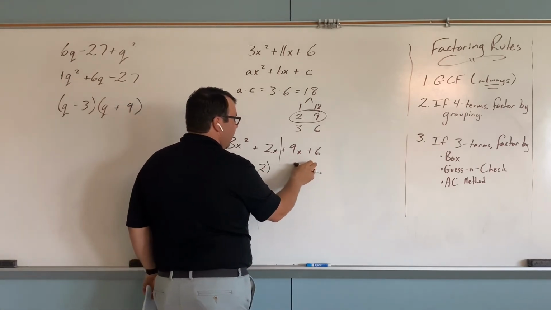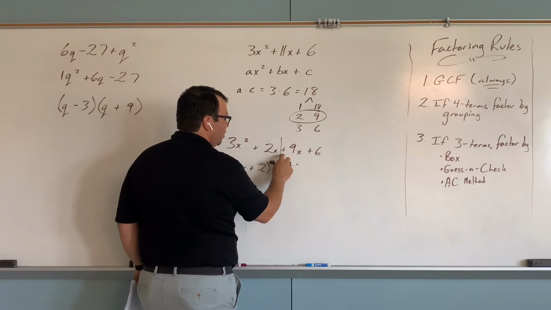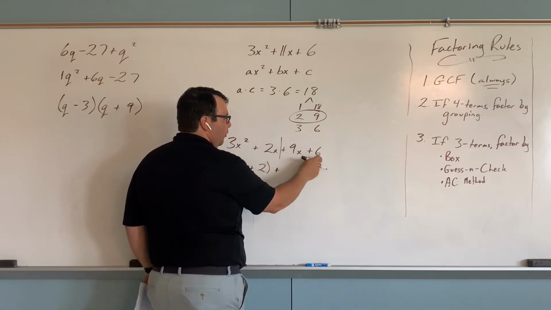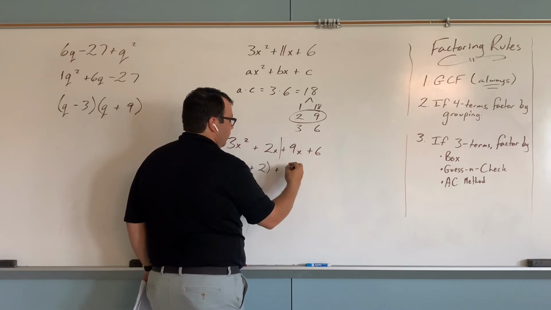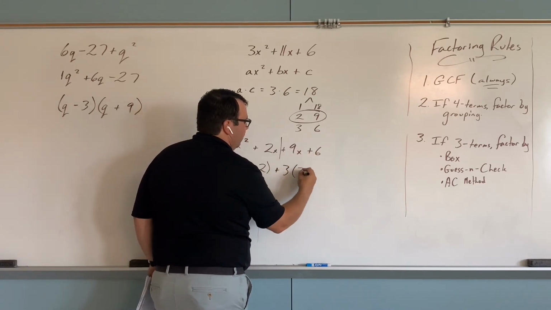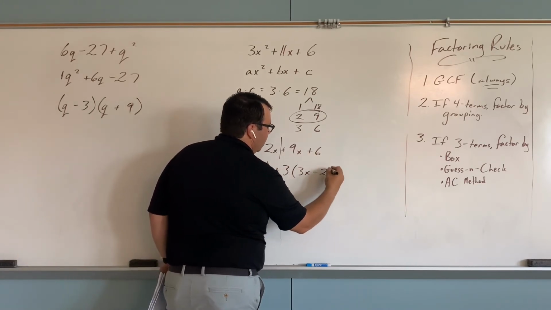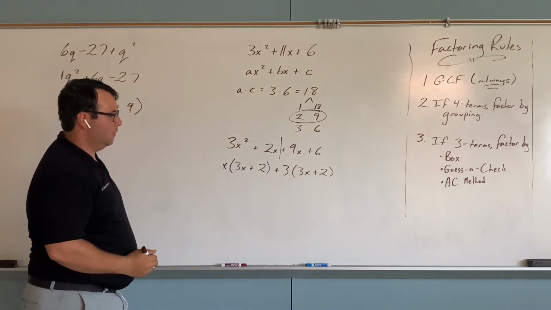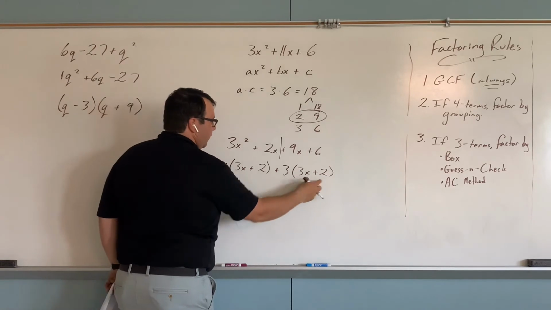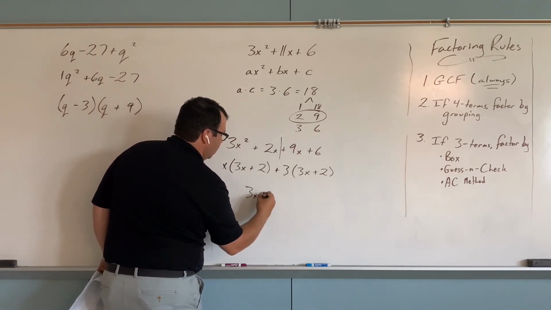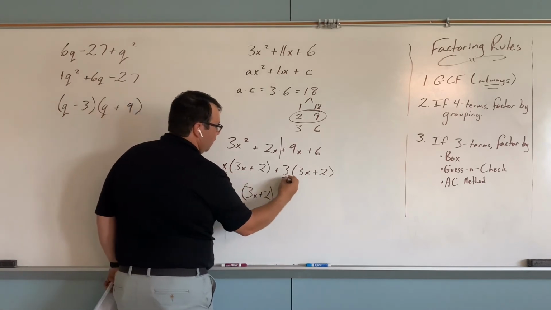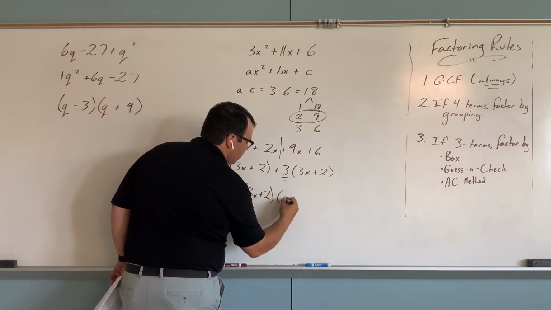Looking at the second half, I don't have anything that I want to change as far as sign, so I'm going to have a plus. I have 3 in common between these two, so I can pull out a 3. I'm left with 3x plus 2. Pull out this 3x plus 2. I'm left with x plus 3.